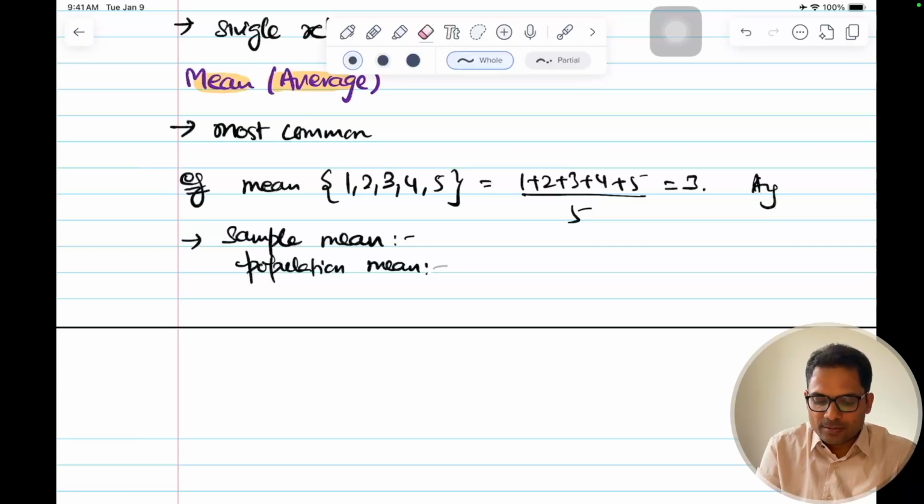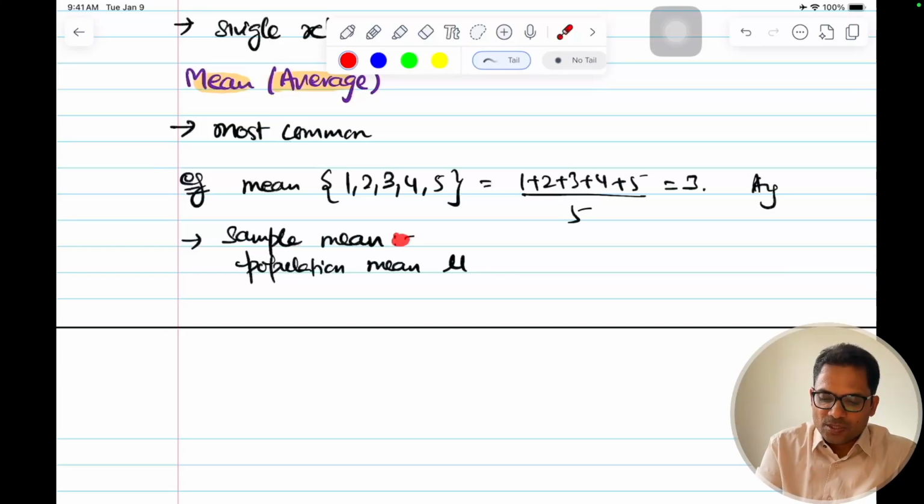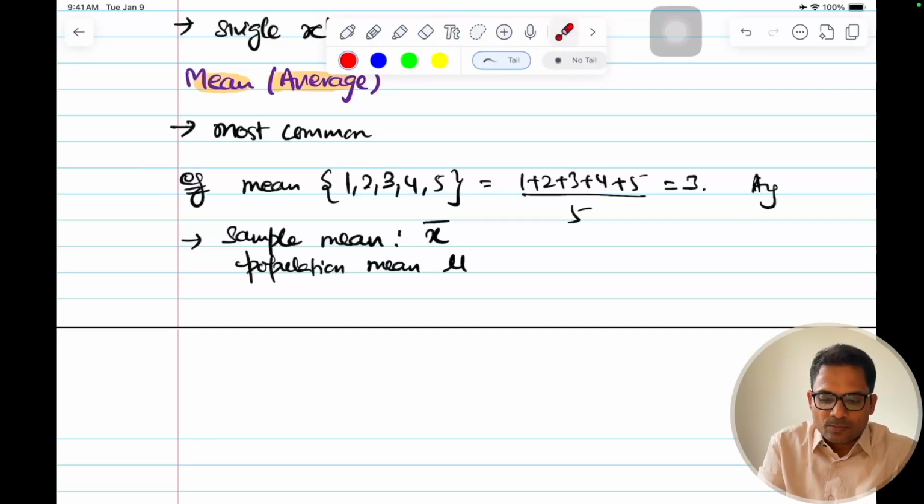That's the population mean, represented by mu. But are we going and measuring the height of each and every person in India? That's not the case, right? So we take a sample, assumed to be a good representative sample, and whatever data comes out is a good representative of the population mean.